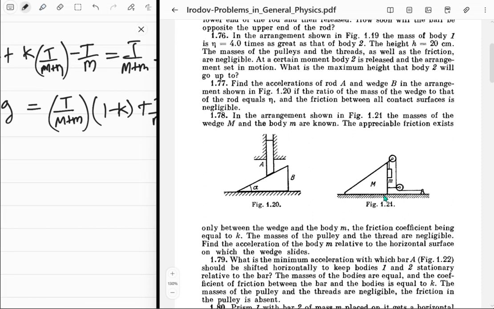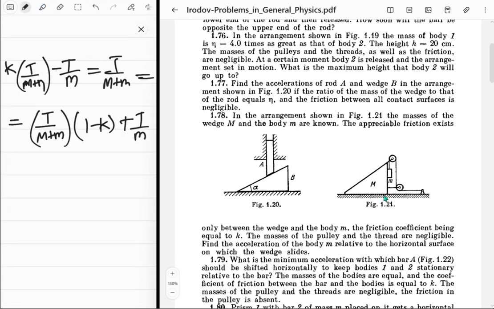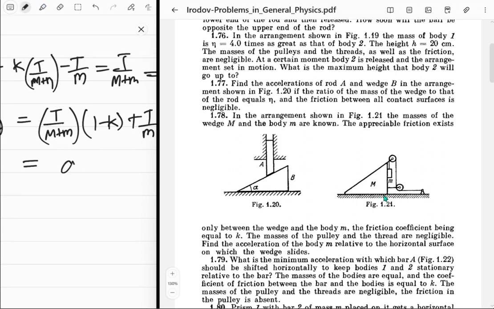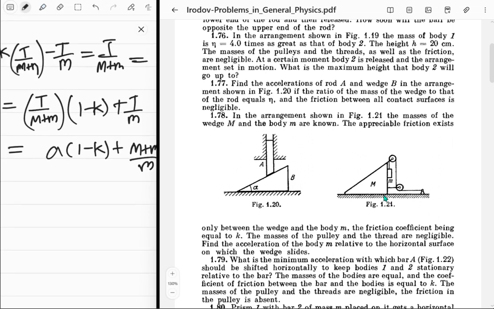What we're looking for is basically capital T upon capital M plus small m, right? Hey, why don't we use that directly? It's like A times 1 minus k. And then this thing, instead of writing like that, we just write it as capital M plus small m upon small m times k. Perfect. You can just find what the acceleration is supposed to be. Done.